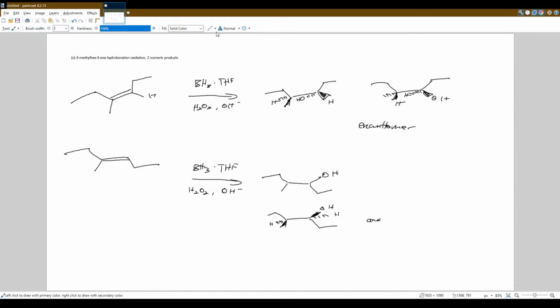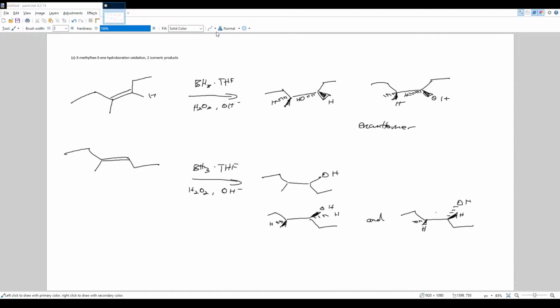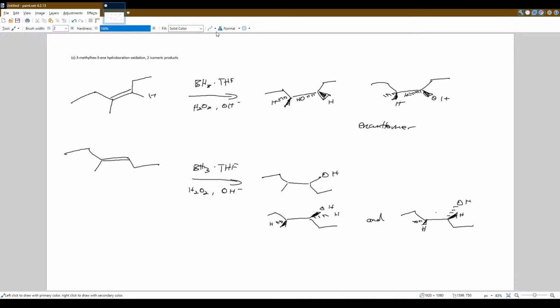And we also get this thing. So are these enantiomers? Aren't they always enantiomers? I feel like I'm missing something here. I feel like it's also enantiomeric. Must be, right? Well, I'll find out, I guess.